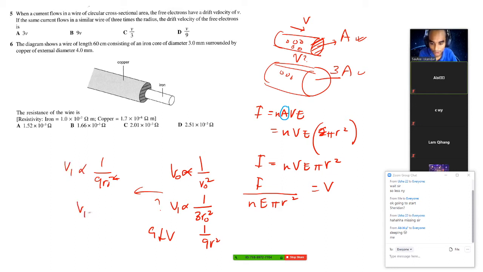So v1 is smaller by 9, over 1 over r naught squared. Is it? Okay, v1 is proportional to 1 over r squared, lesser than v naught.